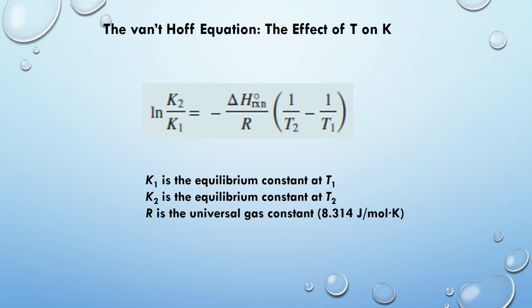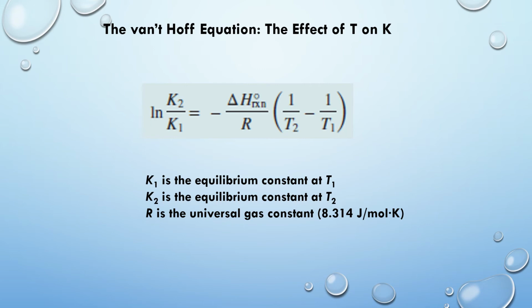Because the equilibrium constant is a function of temperature, we can actually use this two-point version of the van't Hoff equation to calculate the equilibrium constant at another temperature, if we know the equilibrium constant at a known temperature and the delta H of the reaction.